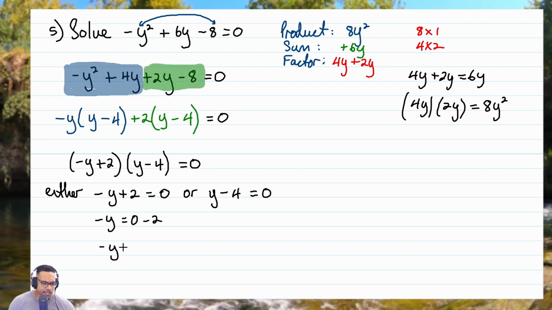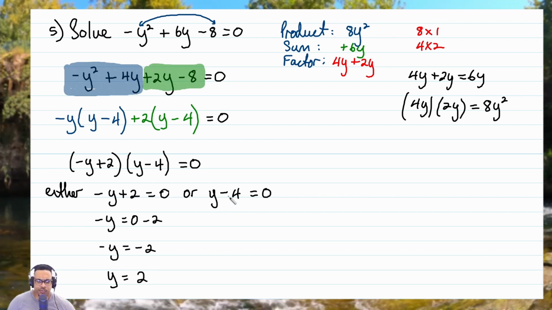So negative y is equal to negative 2. Now we want to find the answer for positive y. So what I'll do, I'll multiply both sides of the equal sign by negative 1. So negative 1 times negative y will give positive y. And negative 1 times negative 2 will give you positive 2.